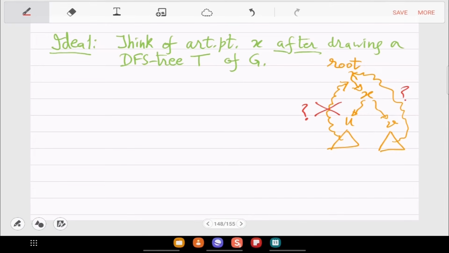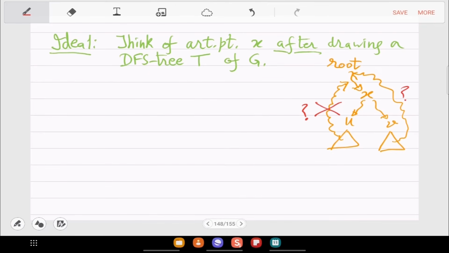Okay, so let us say the subtree of U has no way to go from a descendant to an ancestor of X. If both U and V have this property, have a way to go from descendant to ancestor of X, then clearly X is not an articulation point with respect to this pair. And if in one of them, let's say the subtree of U, there is no such path, then it's fine.